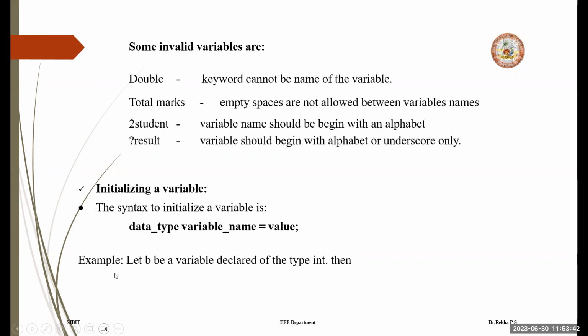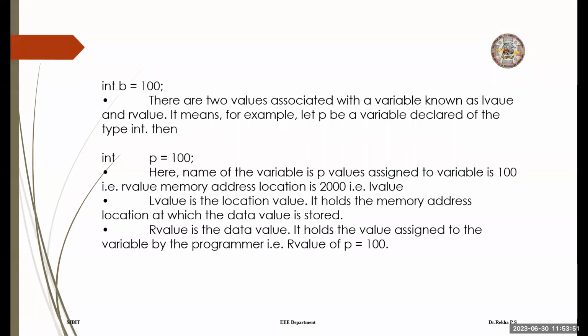Now let us discuss a simple programming example. Let B be a variable declared of type integer, and I have assigned it a value of 100. There are two values associated with a variable, known as L value and R value.